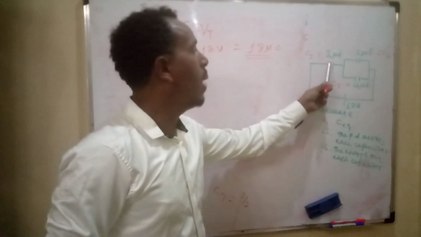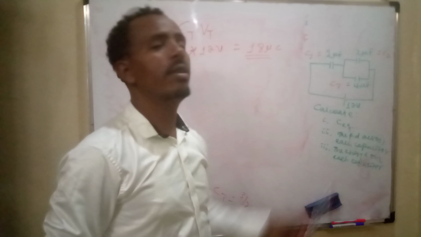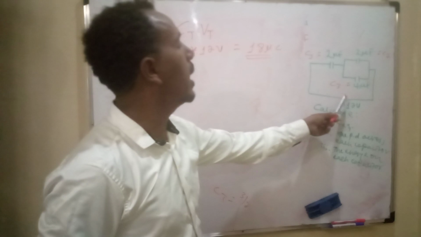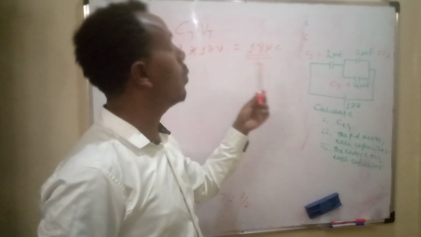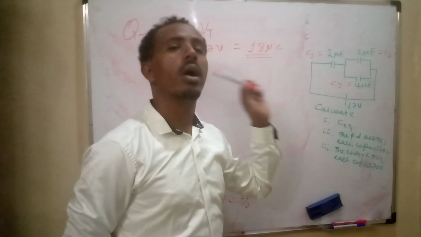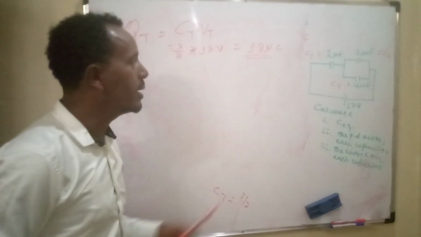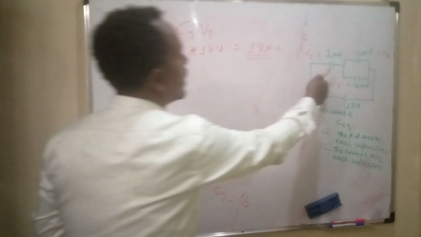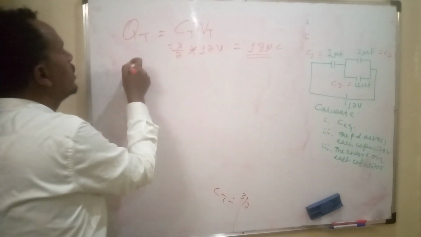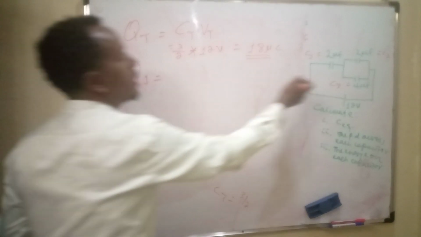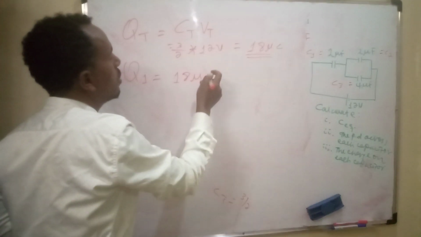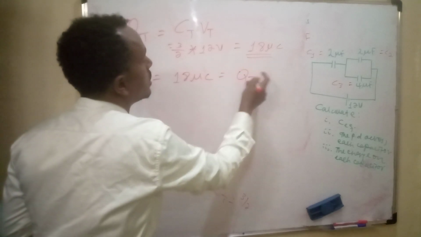Since capacitor 1 is connected in series with the battery, the total charge delivered to the circuit is equal to the charge on capacitor 1, because charge is constant for capacitors connected in series. Therefore, the charge stored on capacitor 1 is equal to 18 microcoulomb, which is equal to the total charge.